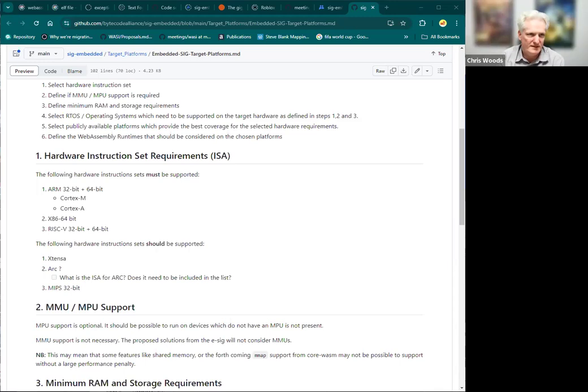Yeah, this is for when we consider new WASI proposals, we want them to target the 4 architectures, ARM, x86, RISC-V, and Extensa. And that would be a requirement. It doesn't mean that they can't target more, just that from a SIG point of view, when we're discussing the constraints and what we would want to do, it works in all of those ISAs, and that's it.